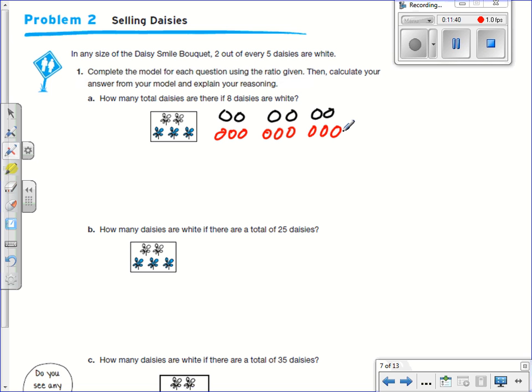Okay, so if we have 8 white daisies, how many total daisies are there? Okay, so we know this is 5, 10, 15, 20. So if we have 8 white daisies, we know that there are 20 daisies total, because for every 2 white daisies, we have to add 3 orange daisies.